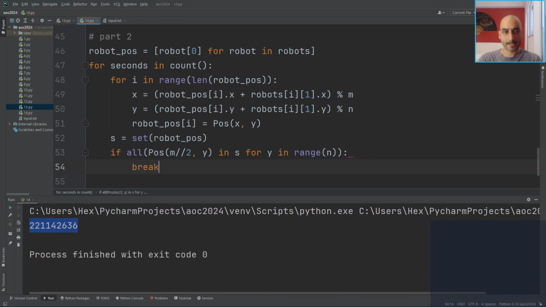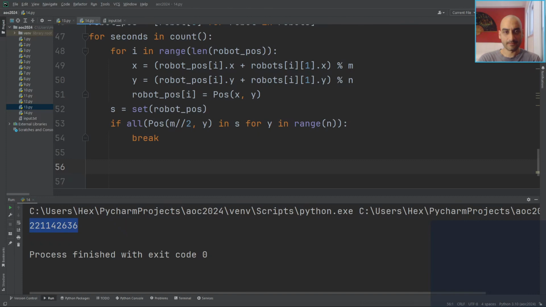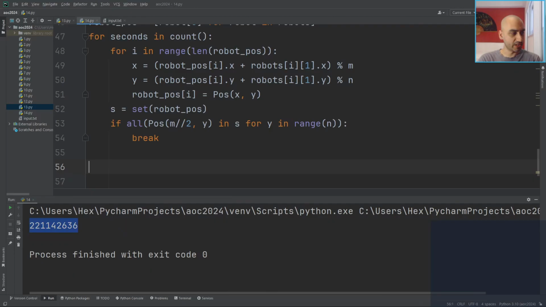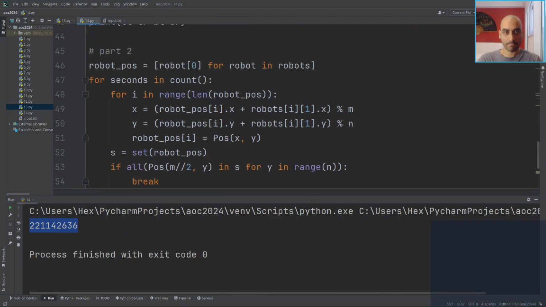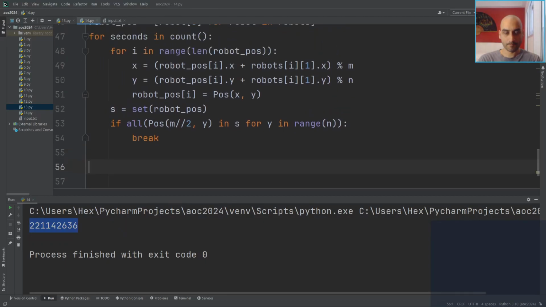Break. And then what? Print the tree. I suppose we have to print the tree here.